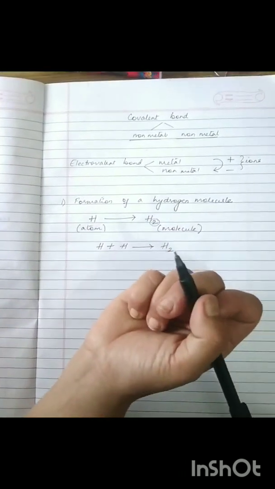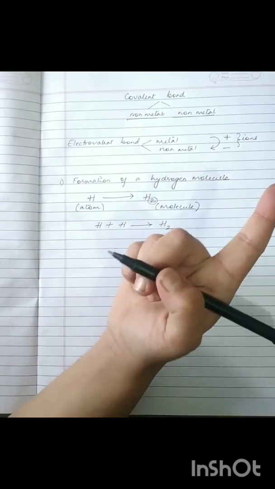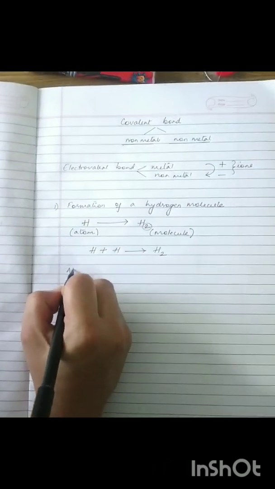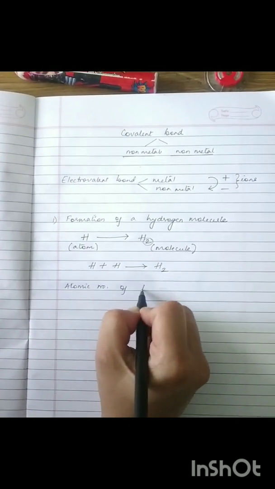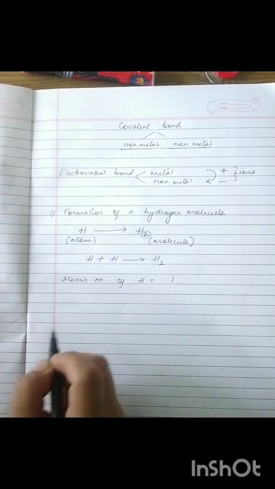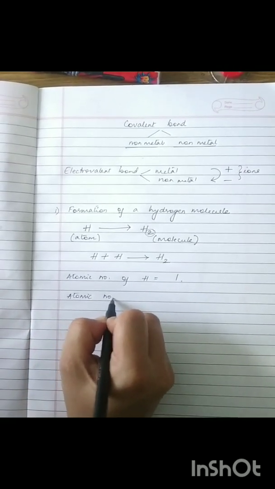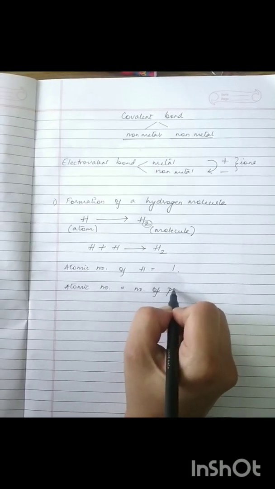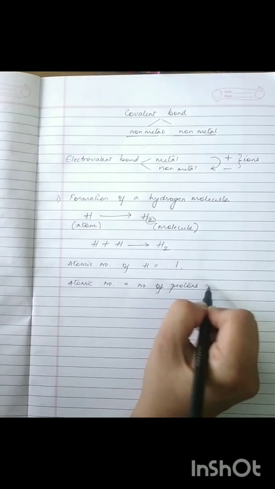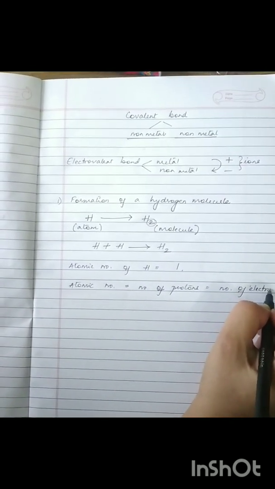So what is the atomic number of hydrogen? It is number 1 in the periodic table. That means the atomic number of hydrogen is 1. We know atomic number equals number of protons, which is equal to the number of electrons.